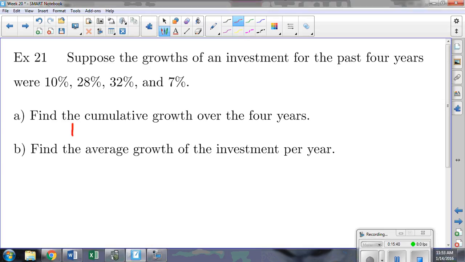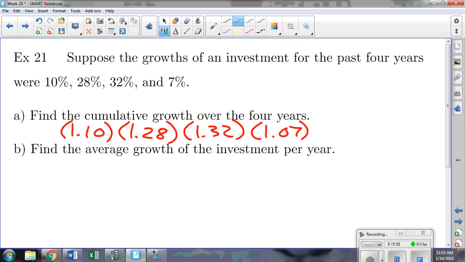Straightforward. We'd have a 10% increase, followed by a 28% increase, followed by a 32% increase, followed by a 7% increase. Grab your calculator, multiply them out. What do you get?